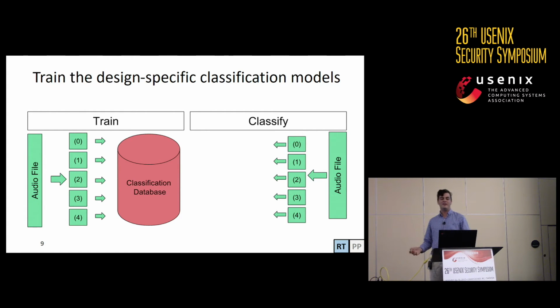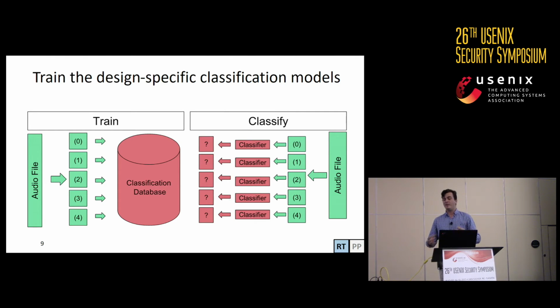So on the classification end, we take our test print, we again record the audio, we split it into segments, and we acquire the peak constellation, and we simply look for matching constellations, which constellations match the most in our database. It's a pretty simple classification scheme.